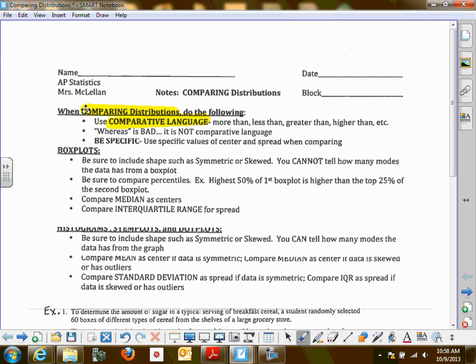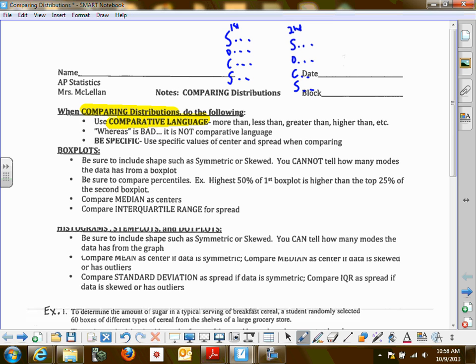Here's one thing that is very sad, but it happens. People will be asked to compare two distributions, and they'll say, okay, for the first box plot, here's all of these things. And then they'll say, okay, for the second box plot, here's all of these things.